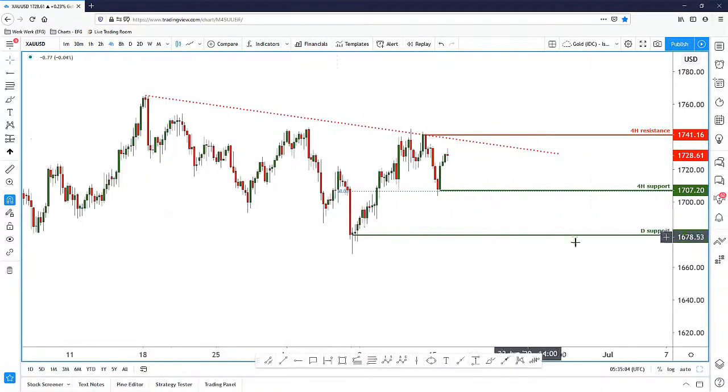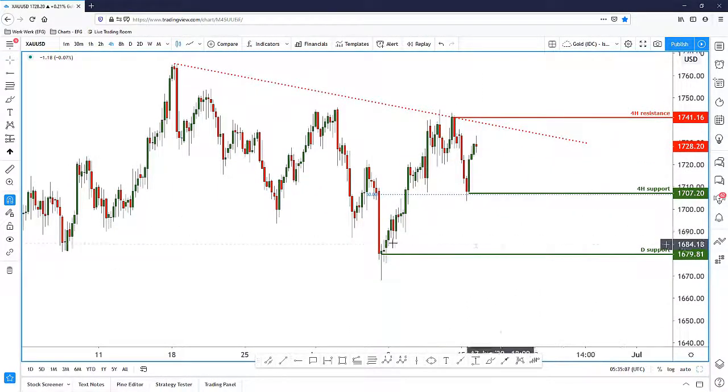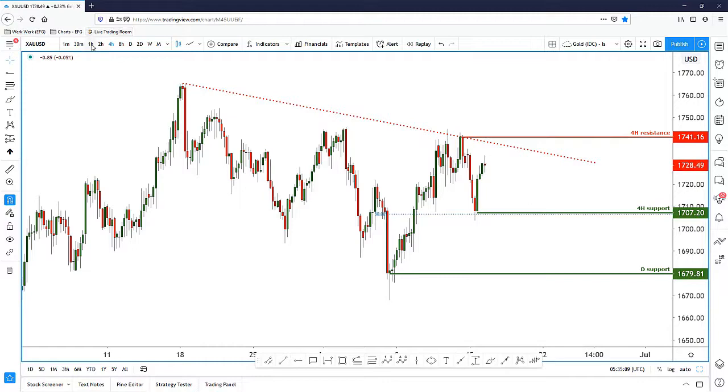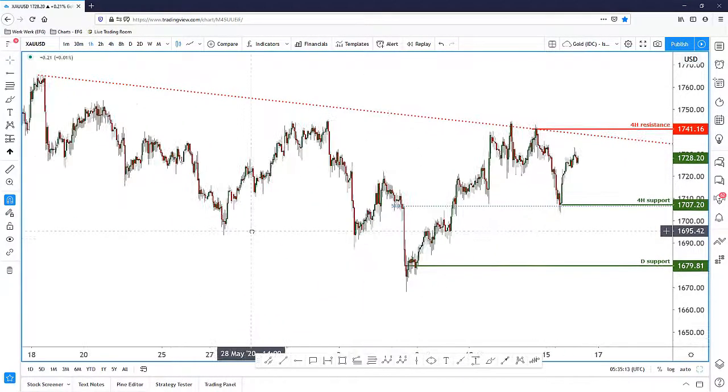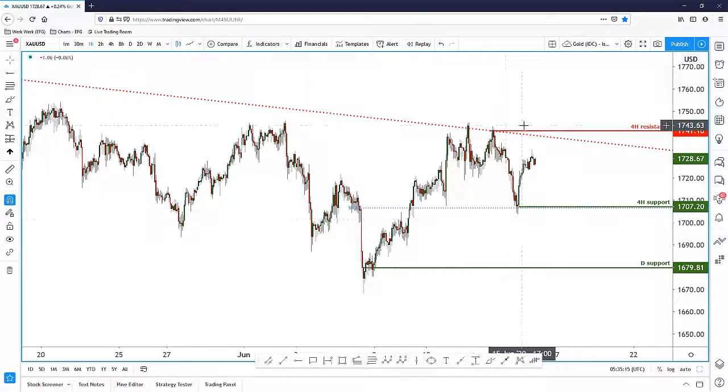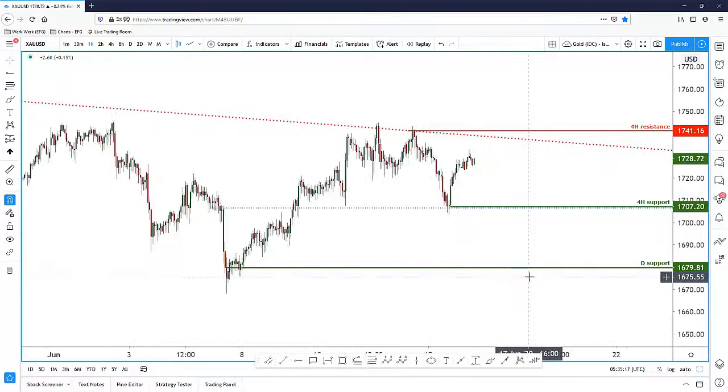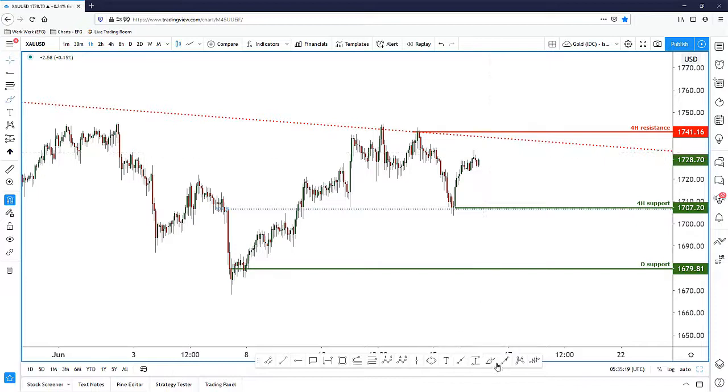Now that we have the 4-hour resistance and 4-hour support, let's go down to the 1 hour. On the 1 hour, I want to focus on this recent area here. We see price made a push down, came back up, and seems to be going sideways.